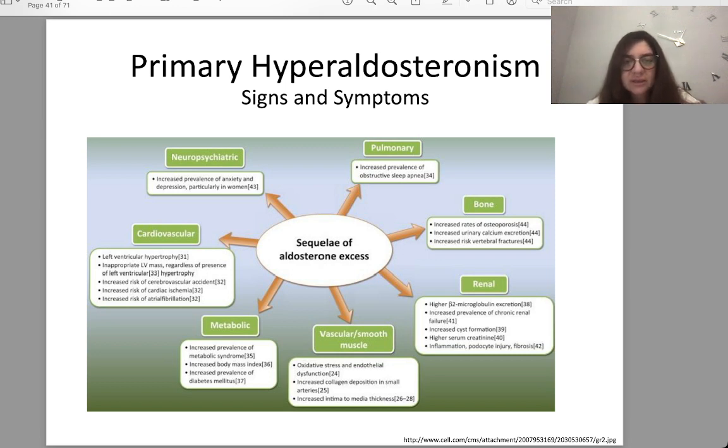Renal results include higher beta-2 microglobulin excretion, increased prevalence of chronic renal failure, increased cyst formation, higher serum creatinine, inflammation, podocyte injury, and fibrosis. Vascular and smooth muscle changes. You see it here. I will not read. You can stop the video here and read. Metabolic changes, cardiovascular changes, and neuropsychiatric changes.